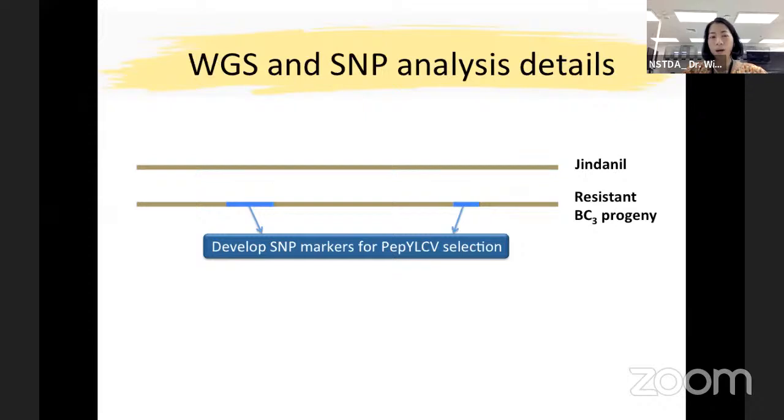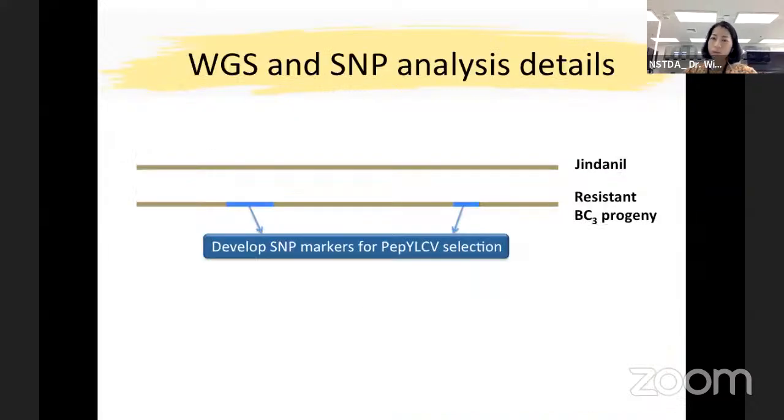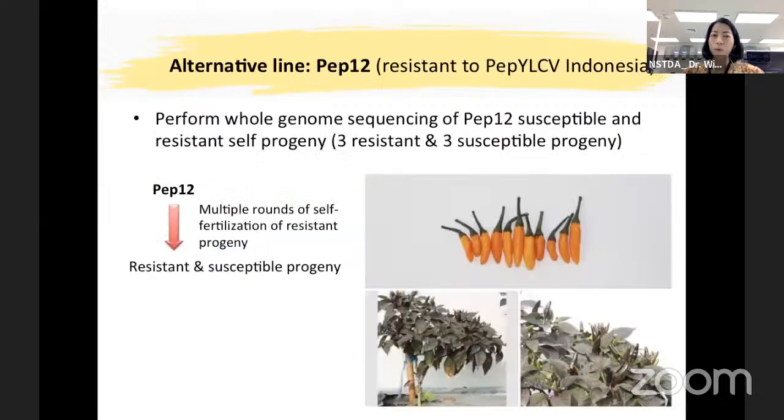And since a number of companies have asked about resistance to the yellow leaf curl Indonesian version of the virus, we propose an alternative line. So in case you're not so interested in Jindanin, which is the commercial line in Thailand, you might be interested in the PEP12, which is resistant to the PepYLCV Indonesian version.